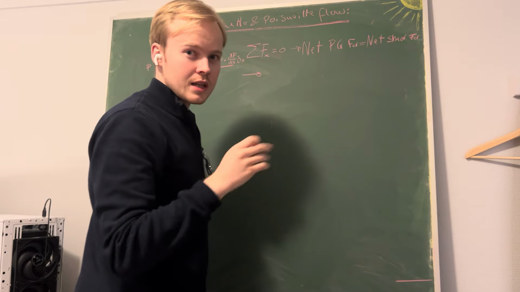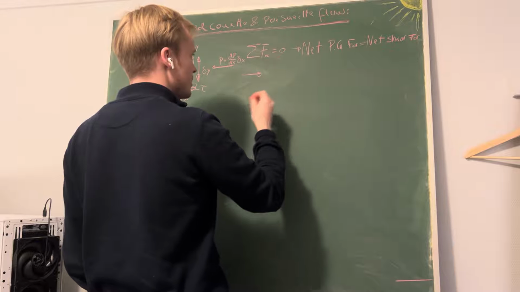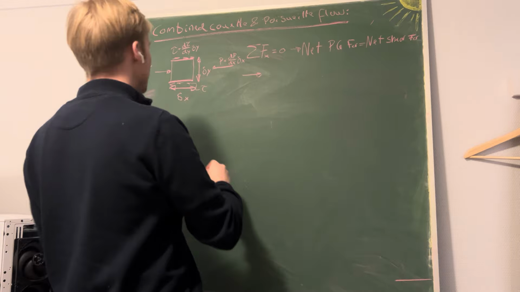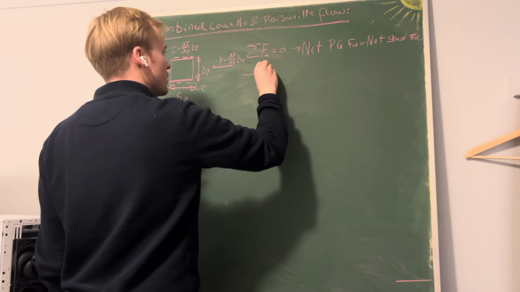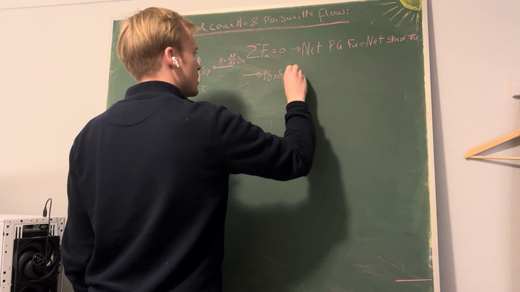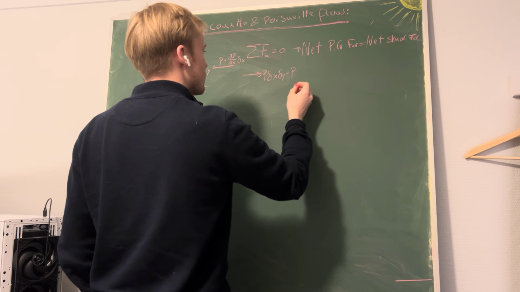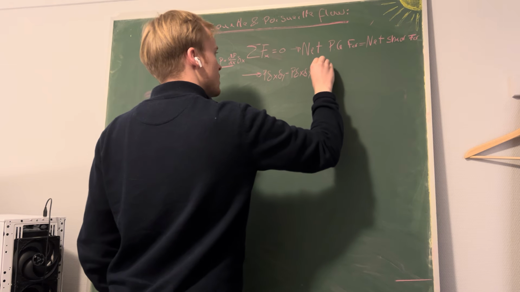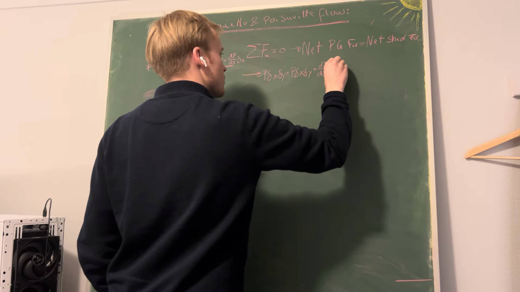I know I did a little oopsie in the last one, and I'm going to correct myself now. When we do the pressure forces, we have P delta x delta y plus or minus, because it's a net force, the net force delta x delta y plus dp dx delta x delta y.